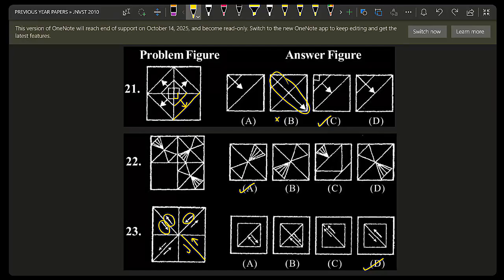Adit, what is your doubt? Adit, you are not audible. Sharat, what is your doubt?